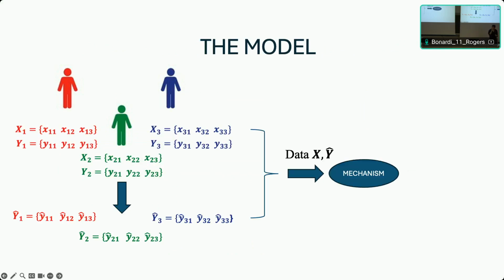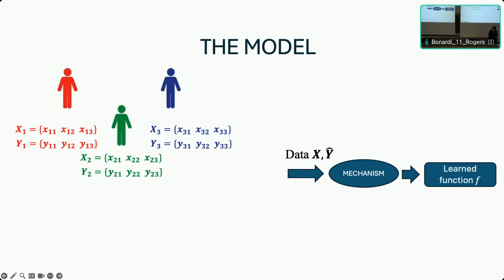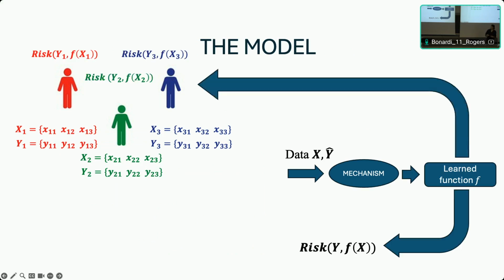These, along with the true input points, which you can think of as public information, go into the mechanism. This mechanism is going to output a function that maps the X values to the Y values. Based on this function, the mechanism designer is going to incur some notion of risk, but also each agent is going to incur a notion of risk based on this function. And that's where that incentive to misreport and try to manipulate the mechanism comes from.